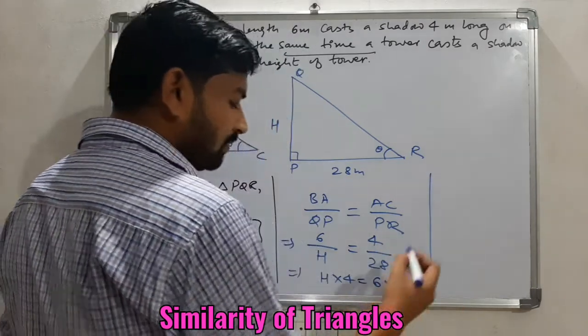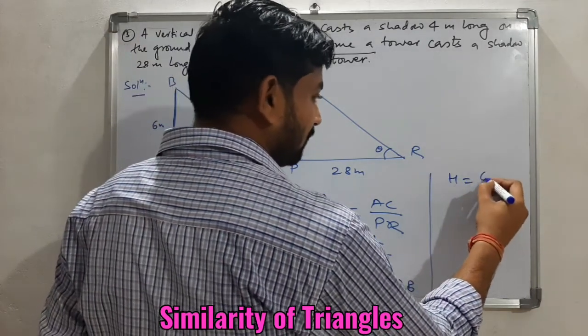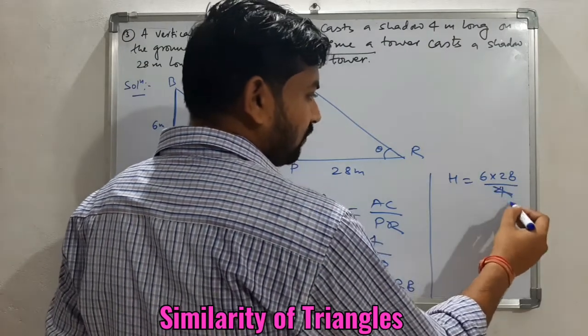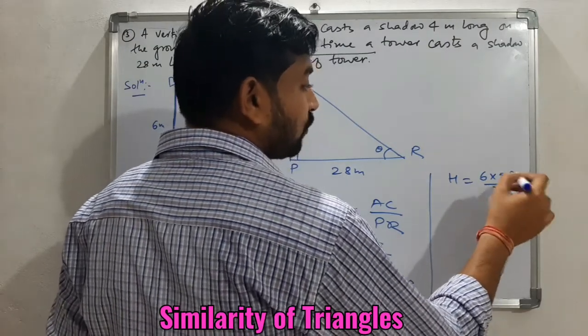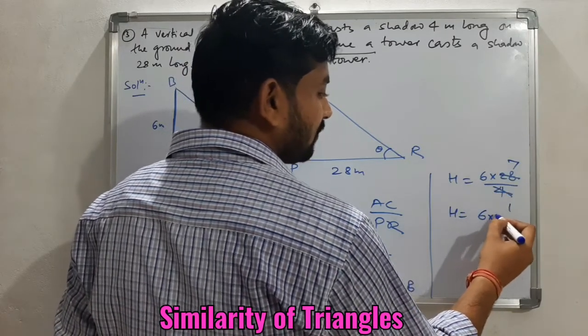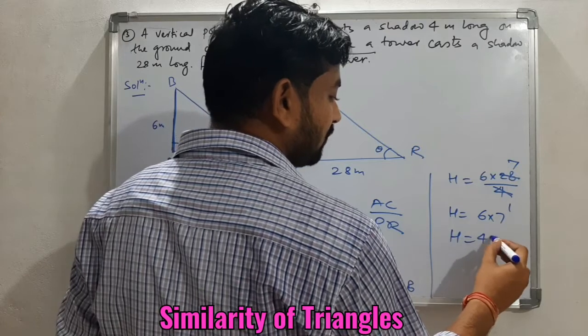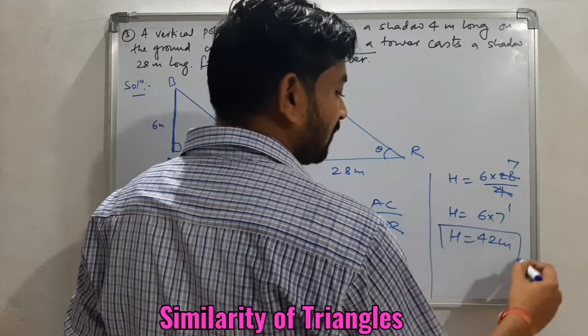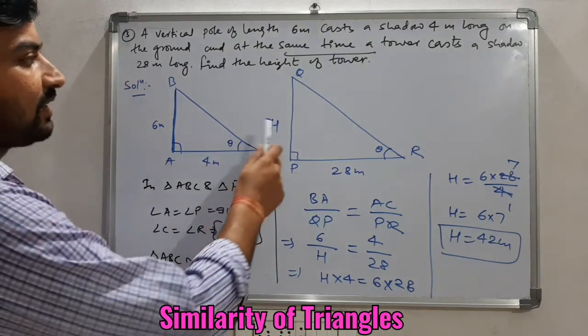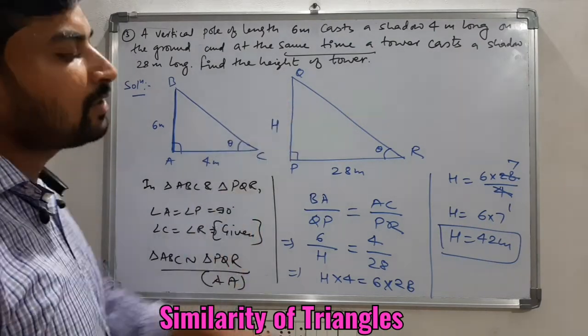If we solve this further, H is equal to 6 into 28 upon 4. If we divide 28 by 4, we get 7. So this is 6 into 7, so the height is coming out to be 42 meters. So if such a situation is given, we can calculate the height of this tower as 42 meters.